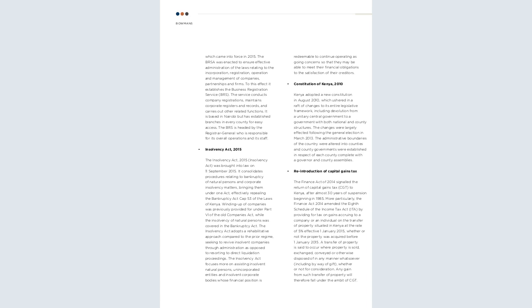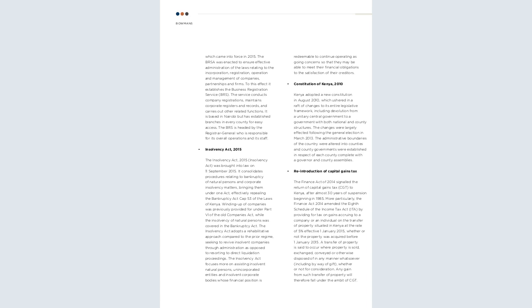Winding up of companies was previously provided for under Part 6 of the old Companies Act, while the insolvency of natural persons was covered in the Bankruptcy Act. Now, the Insolvency Act adopts a rehabilitative approach compared to the prior regime, seeking to revive insolvent companies through administration, as opposed to resorting to direct liquidation proceedings.